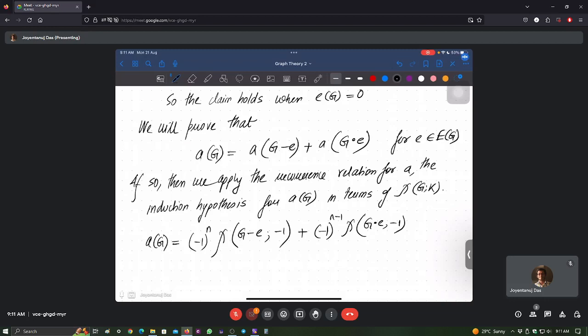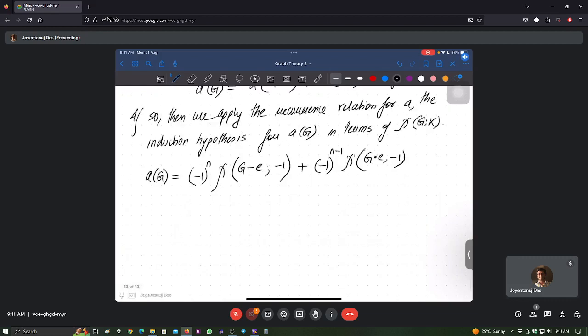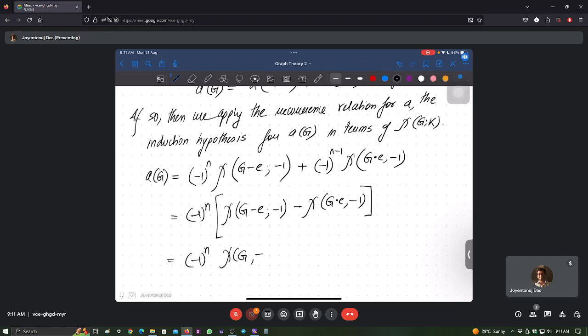Now if I take minus 1 to the power n common, then I have the chromatic polynomial of G minus e minus the chromatic polynomial of G dot e at minus 1, right? But by the chromatic polynomial recurrence, I know that this is nothing but the chromatic polynomial of G evaluated at minus 1, right?